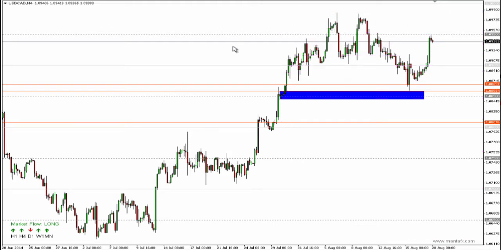It's the loonie, the USDCAD, Canadian dollar. The reason I didn't take it was because market structure was broken to the downside, even though we have a very bullish scenario here. As you can see, it's an uptrend, although we have this big consolidation at the top.